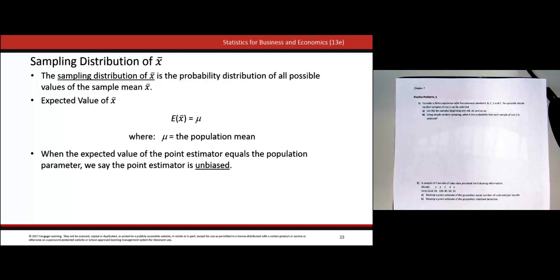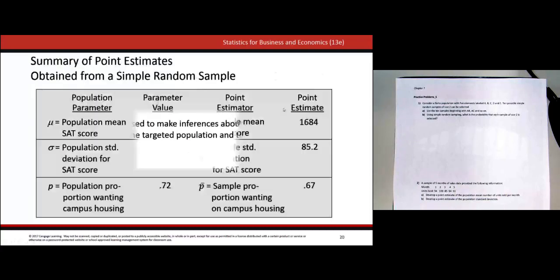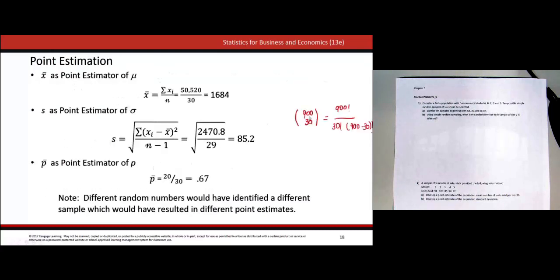What is the sampling distribution of X bar? It is the probability distribution of all possible values of the sample mean. You calculate one sample, but that is just one sample. Even in this case, the population size is only 900. We select a sample of size 30 and got this result, a sample mean of 1684. But how many different ways can you select a sample of size 30 out of 900?